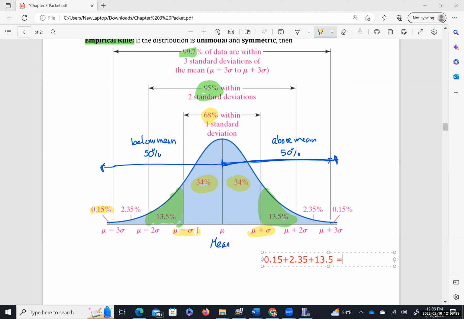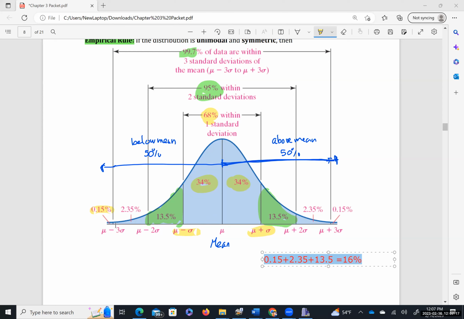What is that equal to? The area, the green one here. It's going to be 16%. So 0.15 plus 2.35 plus 13.5 is 16%.